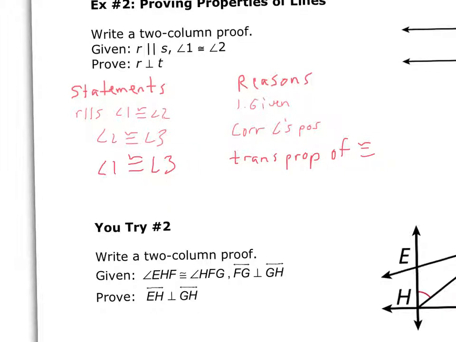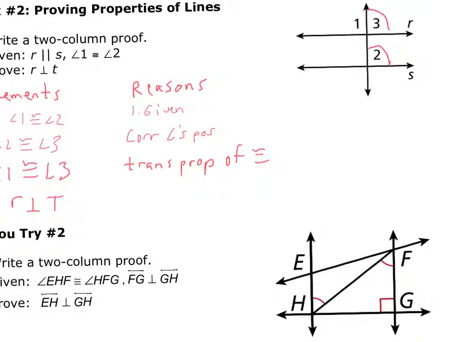And then lastly, we can say that R is perpendicular to T because two intersecting lines form a linear pair right here. Okay, and those angles are congruent. So we know that that forms a perpendicular line right there. So our reasoning, you could just say something like two intersecting lines form linear pair of angles.